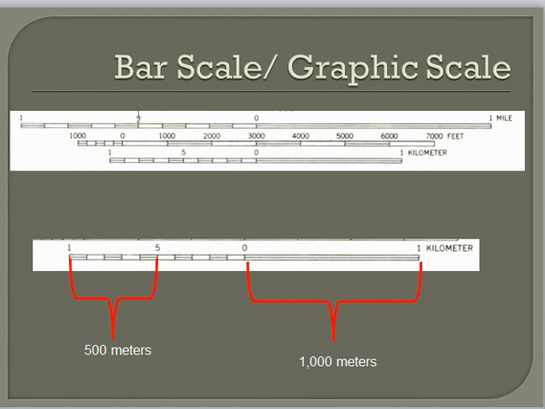Now this is an area where beginning map users or novice map users will mismeasure, because if you make a paper ruler to measure distance on your map from the end of this line to this line, what students will often see is that's 1 mile.